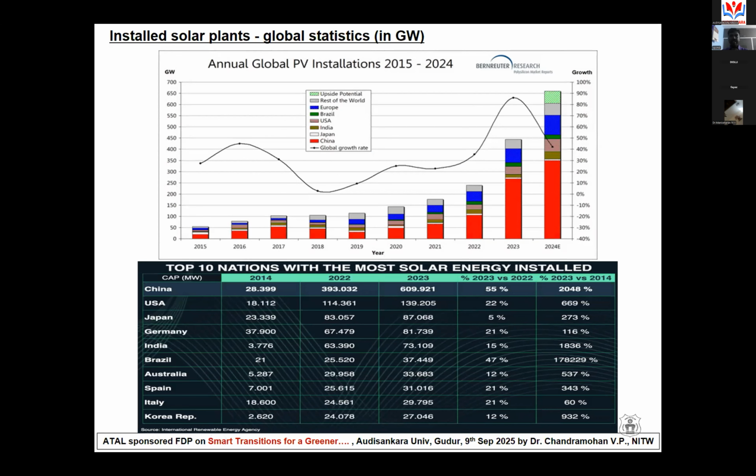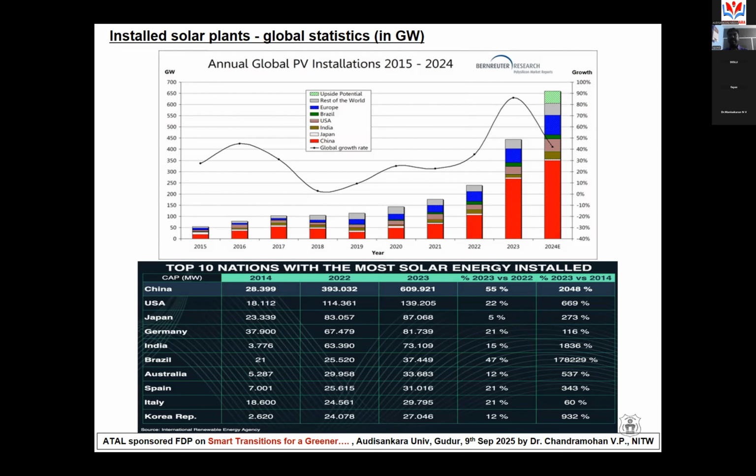650 gigawatt. And China is topping. You see the red color is China, and India is in a brownish color. China is topping everywhere, whether it's technology, development or power generation. Similarly, they are doing well in solar production, installing PV panels wherever the possibilities are there.